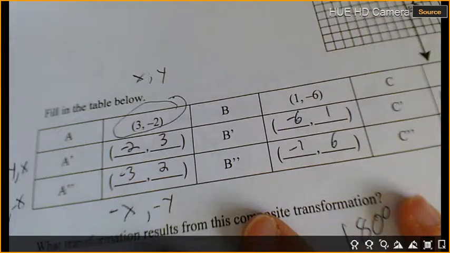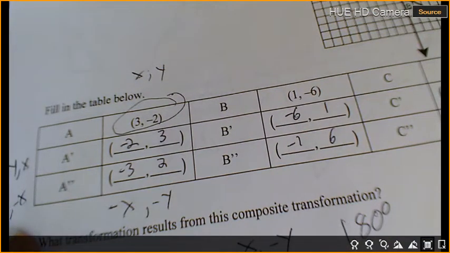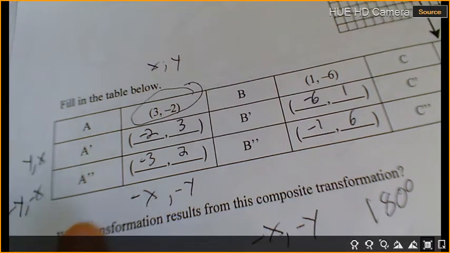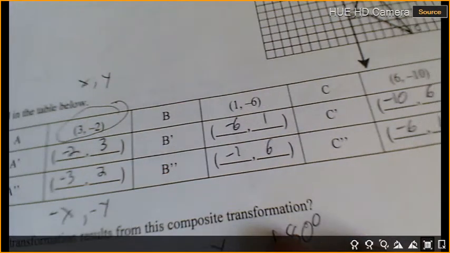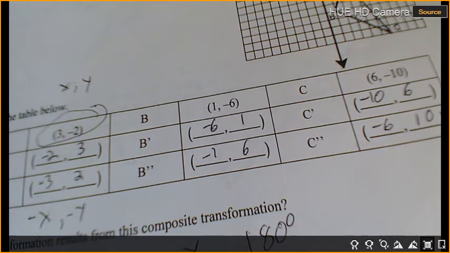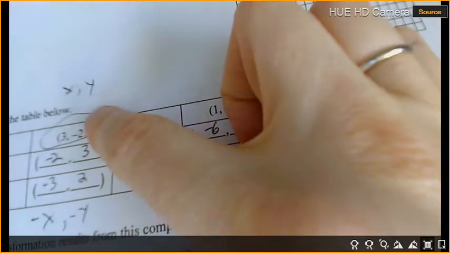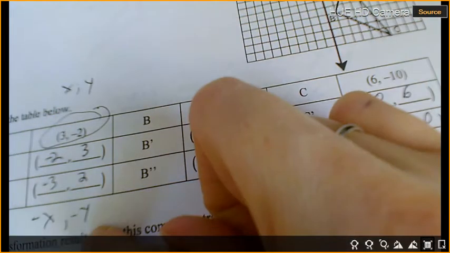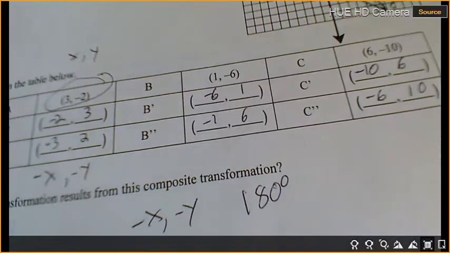And then the formula for y equals negative x is negative y, negative x. So we get negative 3, 2, negative 1, 6, negative 6, 10. Okay? If we go from the top, x comma y, to the bottom, negative x, negative y, it's 180 degrees.